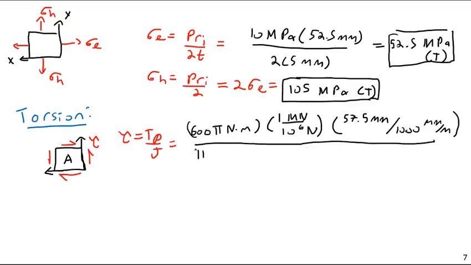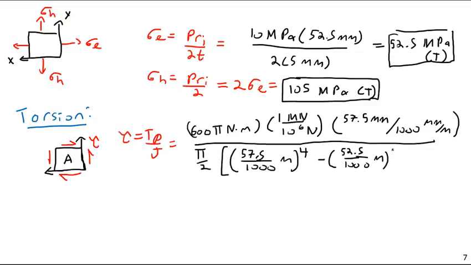So over pi over 2, my polar moment of inertia, times, let's see, 57.5 over 1,000 meters to the 4th power, because we were given the diameter and the radius in millimeters, so I need to convert this to meters, minus 52.5 over 1,000 meters, also to the 4th power.